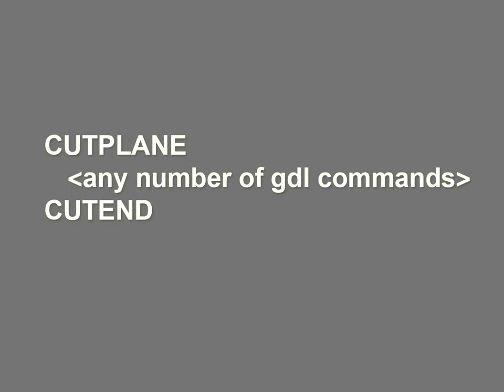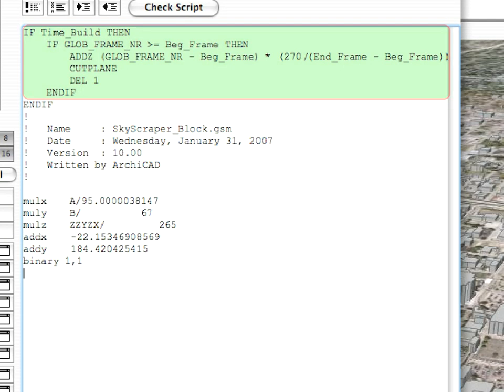In the case of the cut plane and cut end command pair, the cut operation will be performed on all GDL bodies generated between these two commands and only on those commands. So, if we want to cut the whole 3D model, we need to place a cut plane command before the command generating the 3D model, and place a cut end command after those commands.